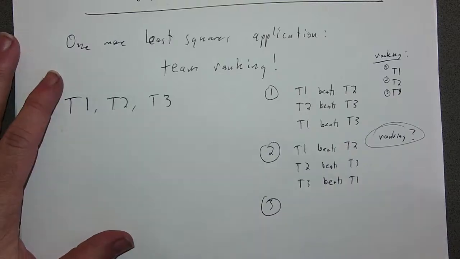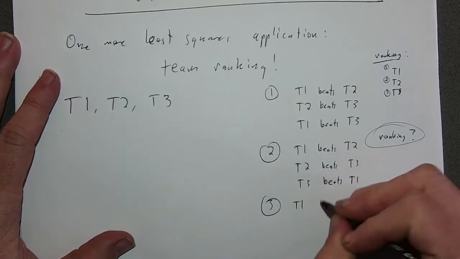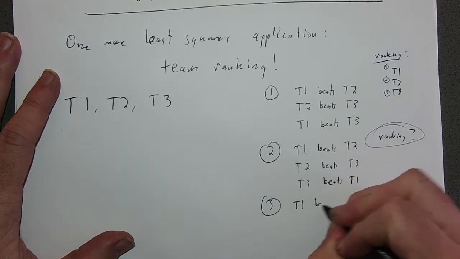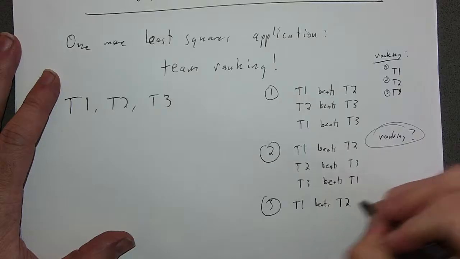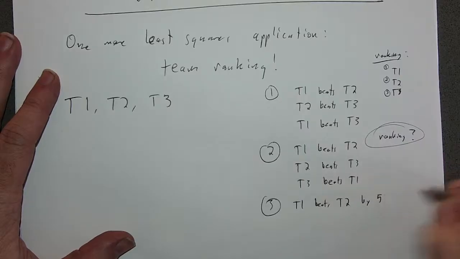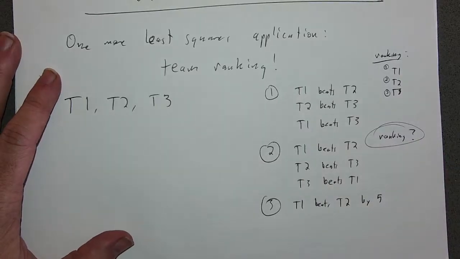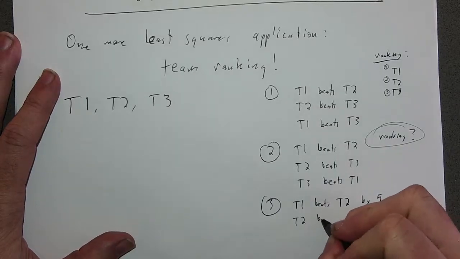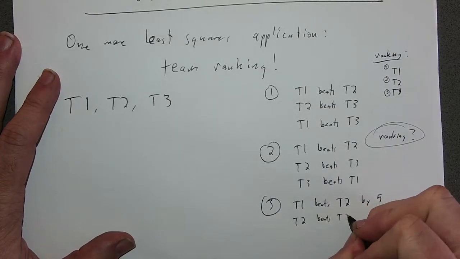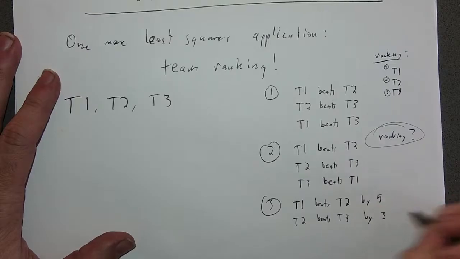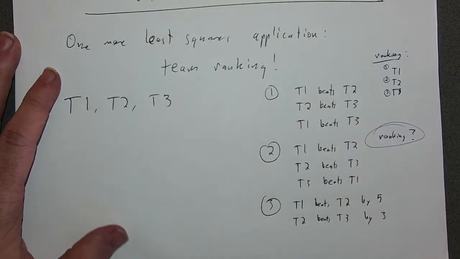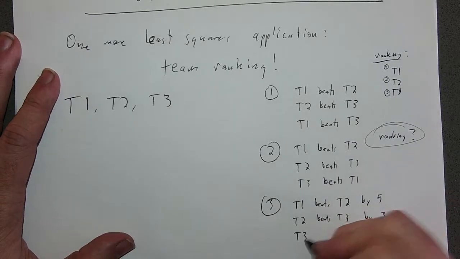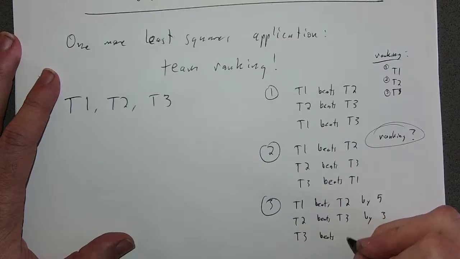So let's say that team one beats team two by 5 points, whatever those points are for this game. Team two beats team three by 3 points, and then team three beats team one by 1 point.